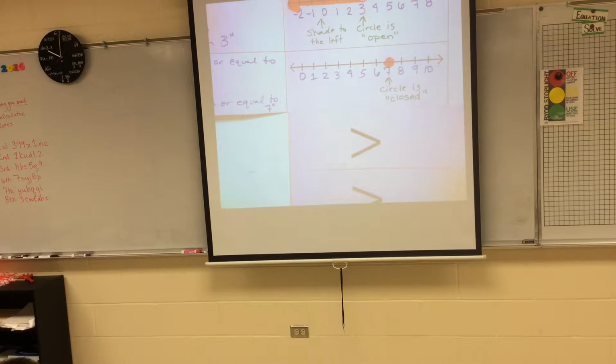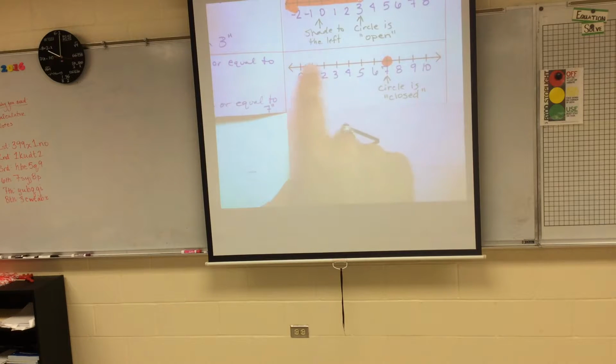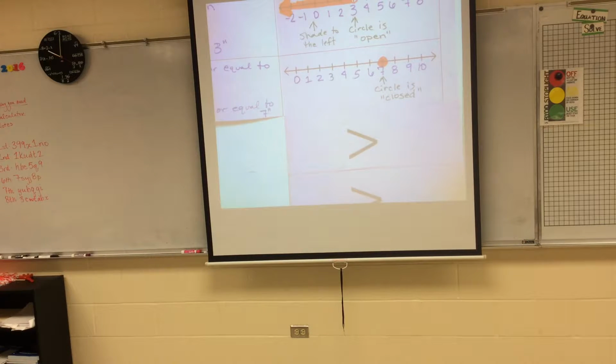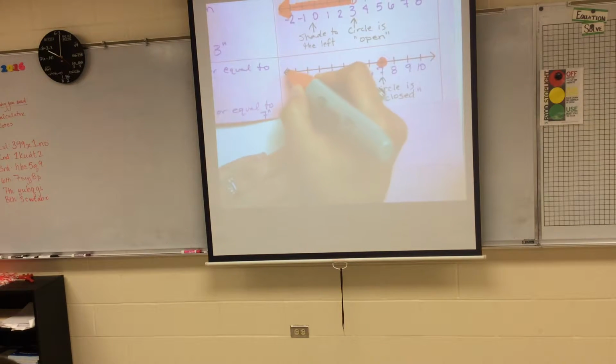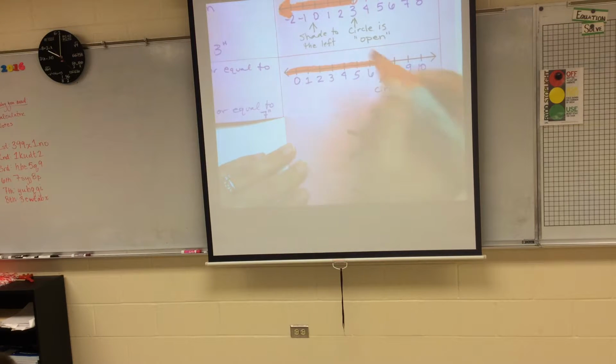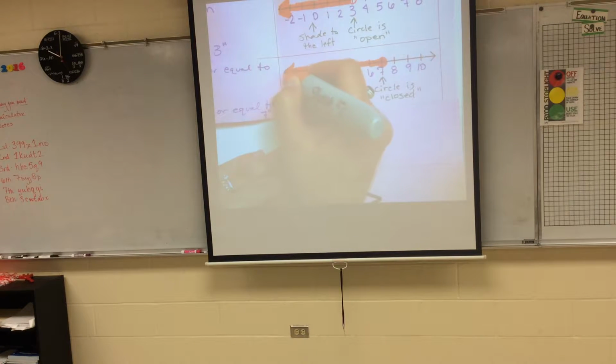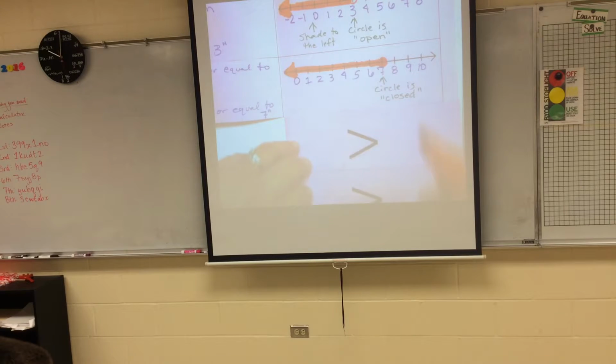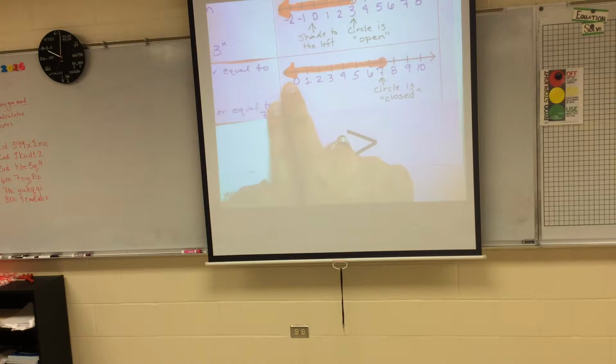My circle is closed. And if it's less than, am I going to shade to the left or to the right? Right? Right is smaller? No. Less than? Left. Left is everything less, right? So I'm going to shade to the left. And be sure to draw an arrow because that tells me that everything's smaller. So it's all of the negative numbers and then the positive numbers up to and including 7.